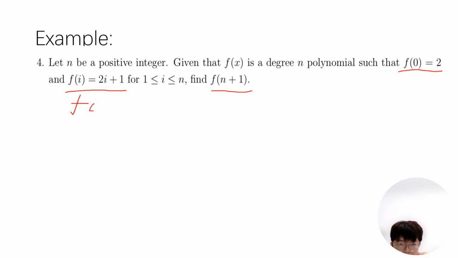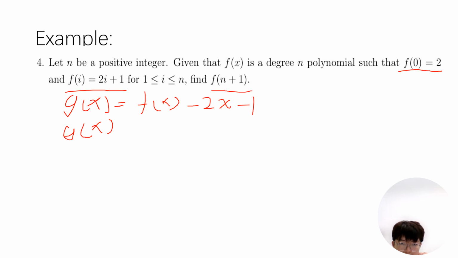We can define g(x) as f(x) minus 2x minus 1, and because f(i) is 2i plus 1 for i from 1 to n, g(x) is 0 for i from 1 to n.